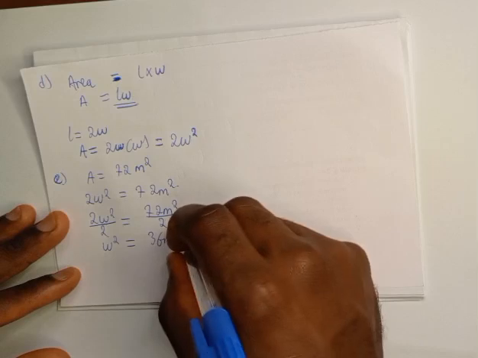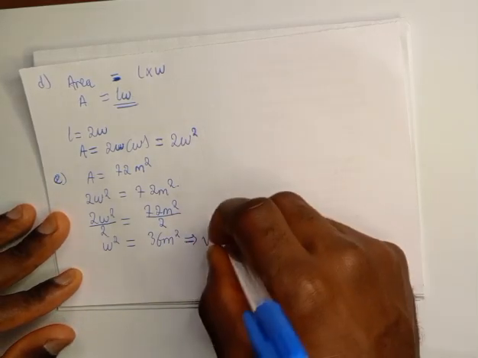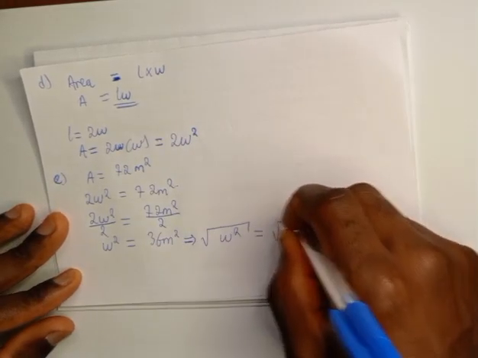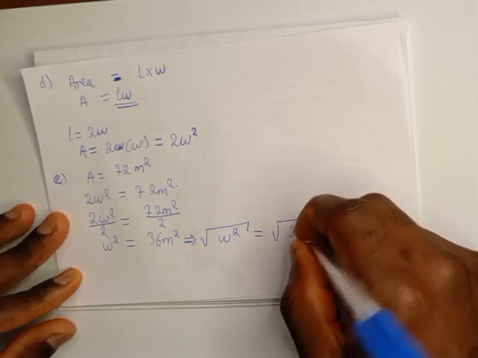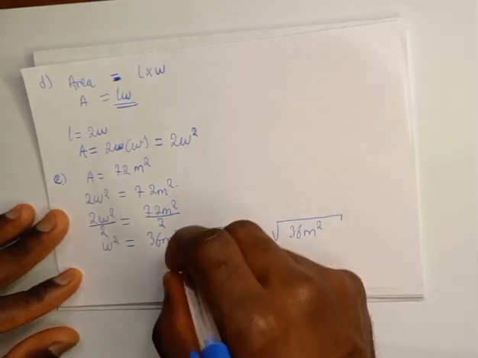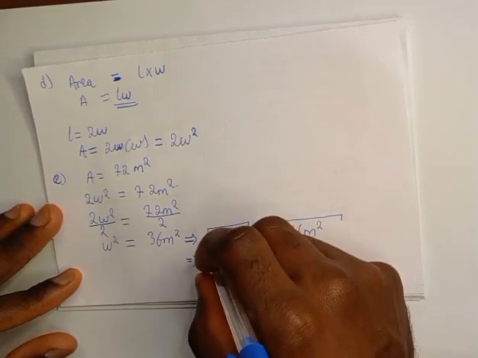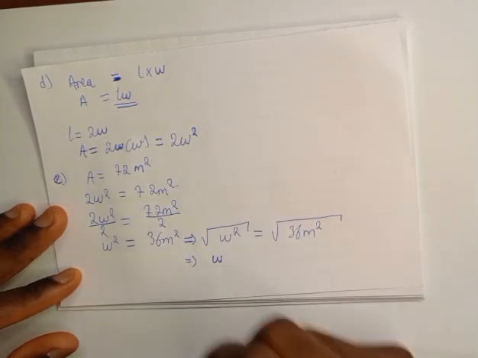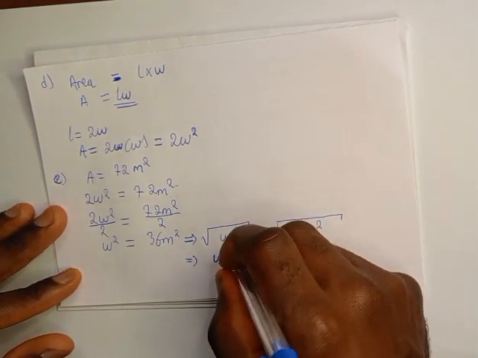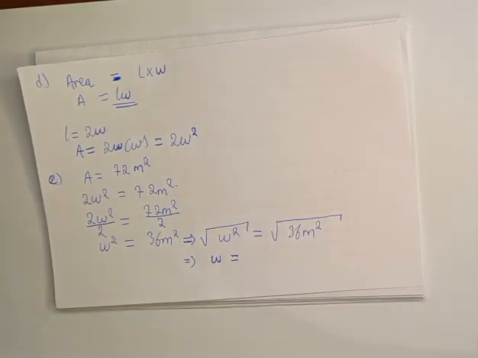Then take square root on both sides. This will equal to the square root of 36 meters squared. Then the square root of W squared simply gives us W is equal to the square root of 36 meters squared, which gives us plus or minus 6.